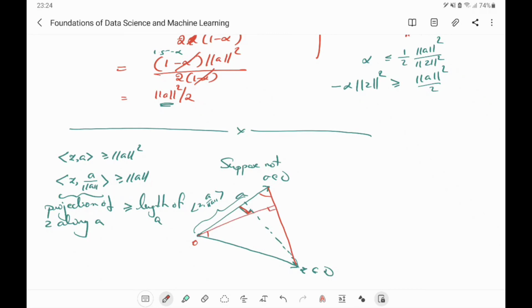So this point A prime is in D because it's in the line segment joining A and Z, and it is of length smaller than that of A, which contradicts the choice of A, because A was supposed to be the smallest guy, not A prime, right? So this is the geometric intuition behind this argument.